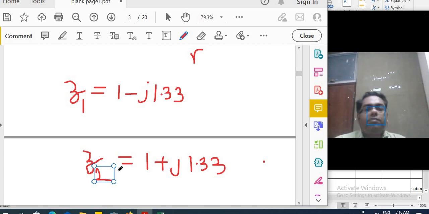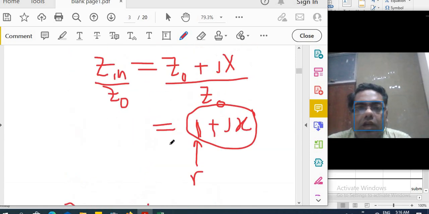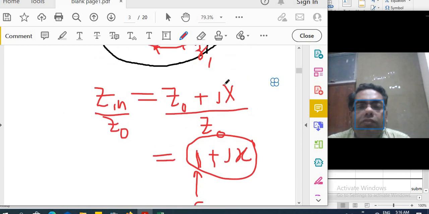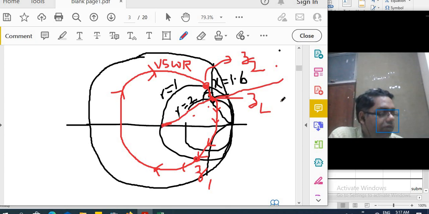But what is the distance d? How to find out the distance d? This distance d is how much we have traveled, that we have to see. So how to find out? From this load end, you extend outside and you see the outermost scale. You have to read it in wavelength.